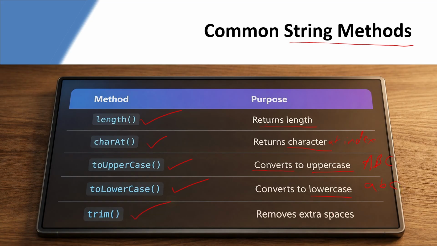And trim will remove extra spaces. So let's say if we have a string with space, A, B, C, then again space. So this is what the trim method does. The output will be ABC. These spaces will be gone. Only the value will remain.